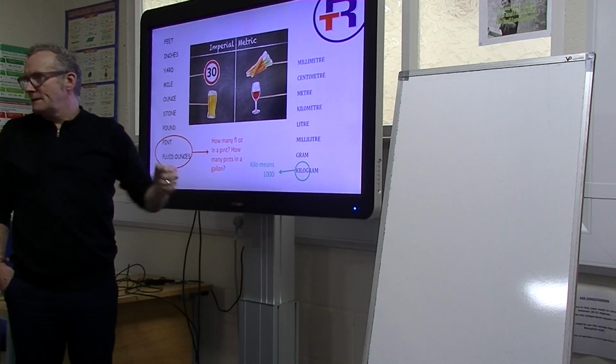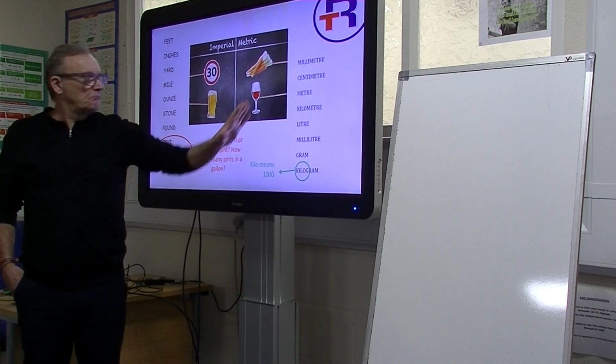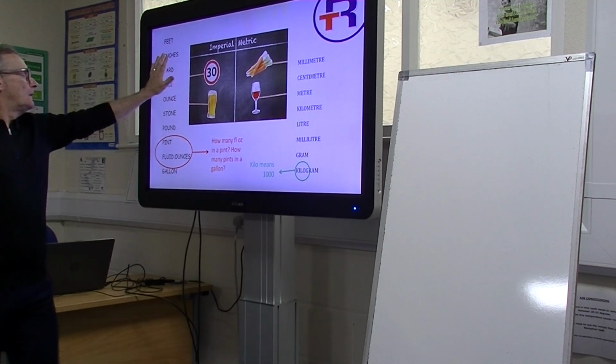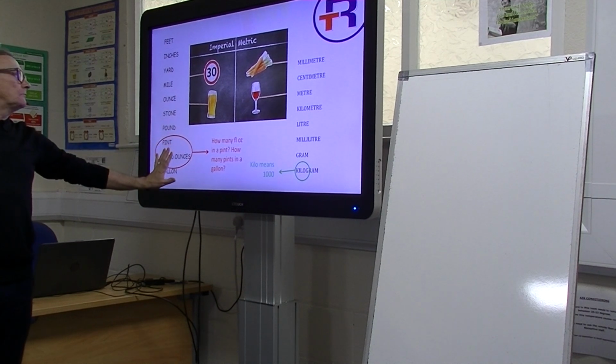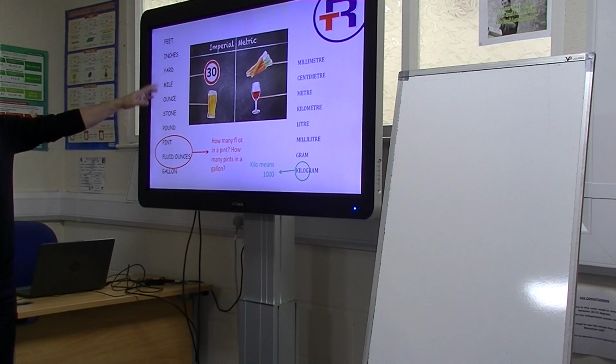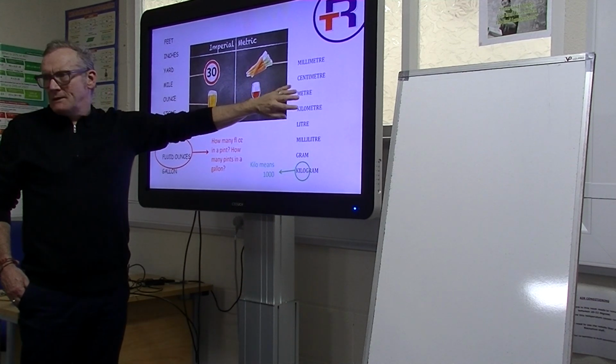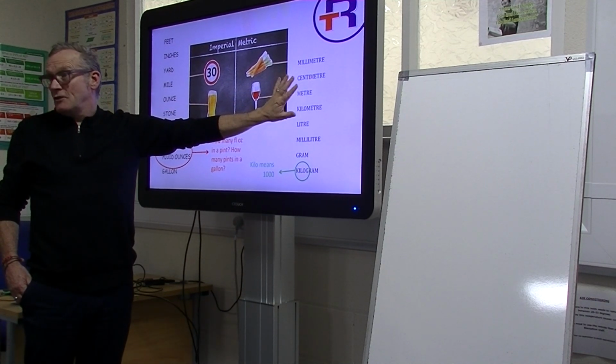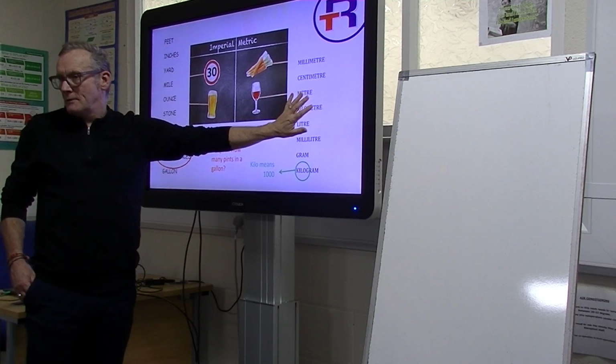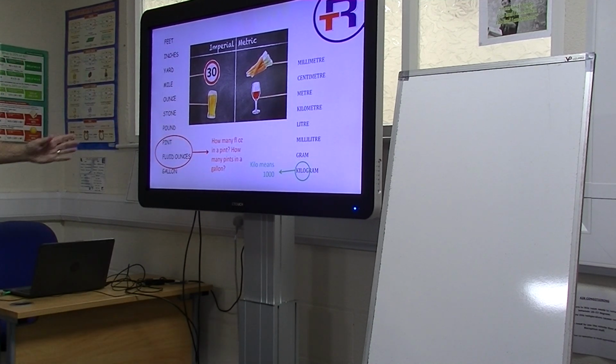So much easier. 10, 100, 1,000, all you've got to remember. These are so difficult. If you had to convert ounces, stones, yards, miles, whatever, but converting metres to kilometres or kilometres to metres is dead easy, because you're just using 10, 100 or 1,000. So metric is so much better, so much easier to use.